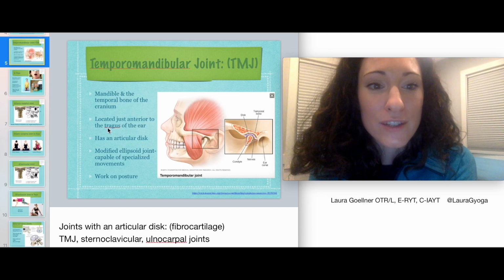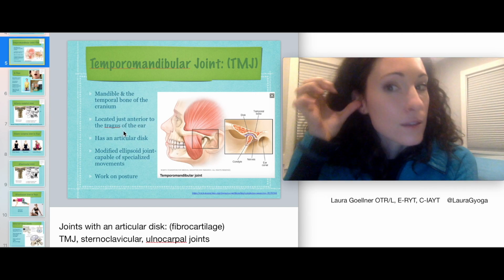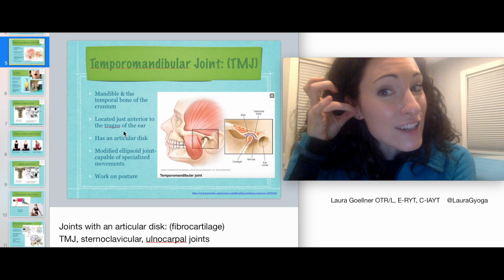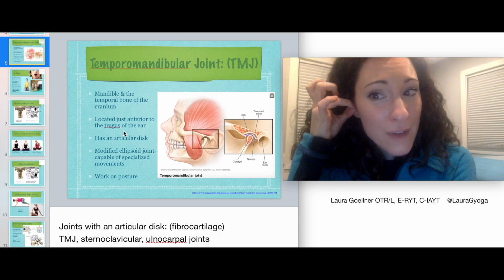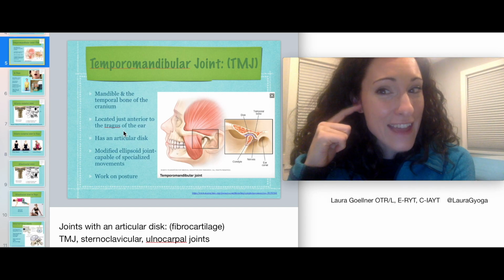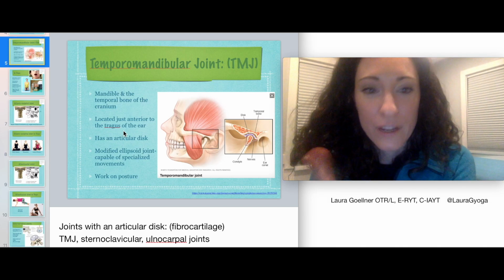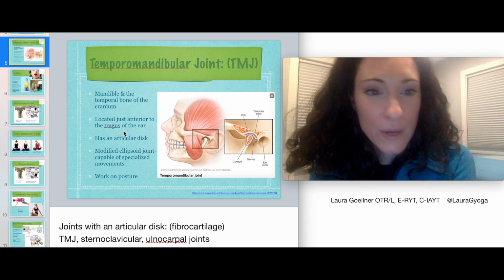It is located just anterior to the tragus, and the tragus is this little bump on the inside of the ear. The reason that I know that is because I had mine pierced on each side, but if you find that and then go directly forward and then open and close your jaw, you will feel that moving. So that's your temporomandibular joint.